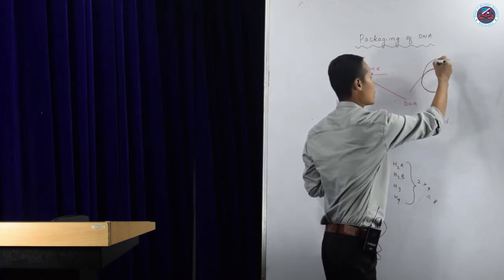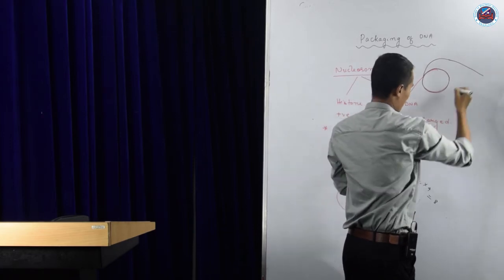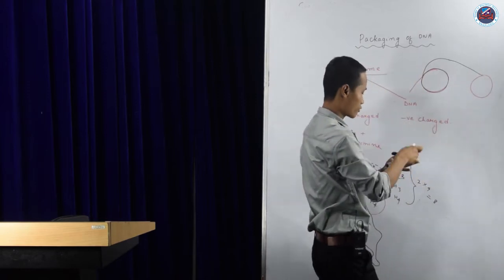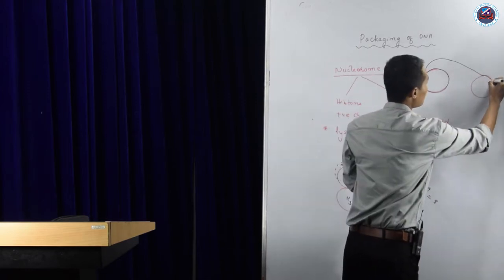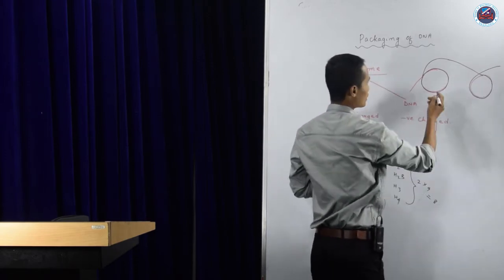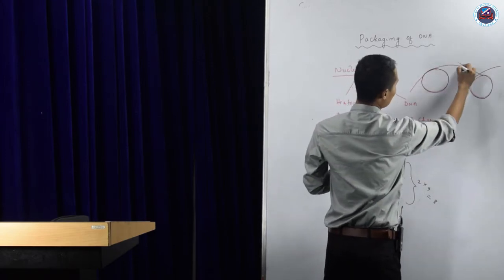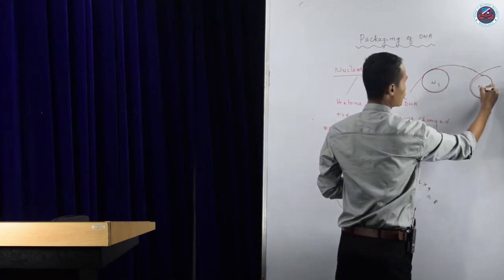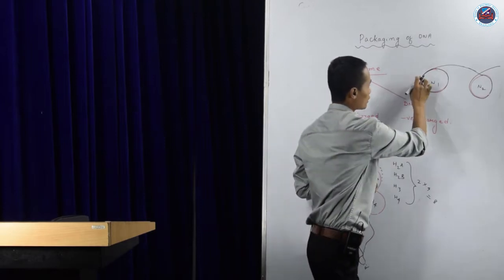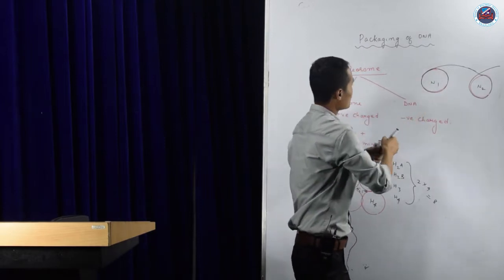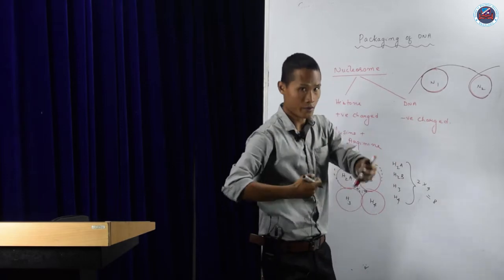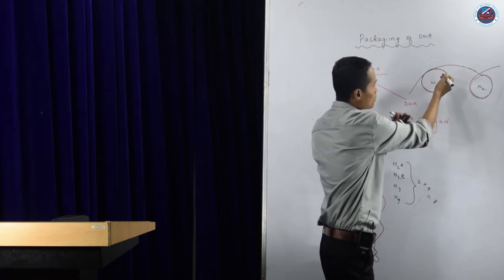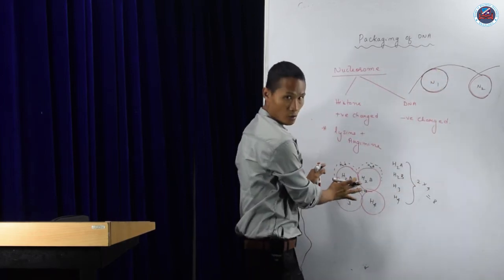Now here is another histone molecule, and the DNA wraps around it like this. So this is one nucleosome, and this is another nucleosome. The black one is our DNA, which is wrapped around. This structure is said to be a nucleosome, but this ball-like structure which I made is the octamer.